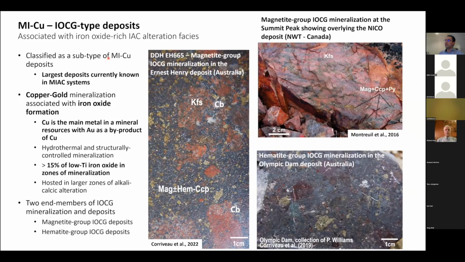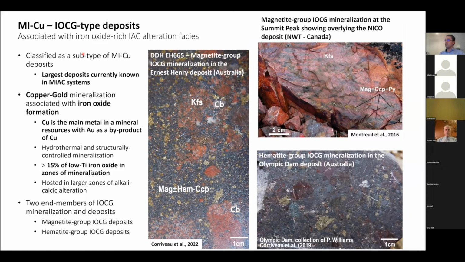Just to address the IOCG type deposits, IOCG is a very significant and important type of mineral deposit that is formed within these metasomatic systems, but it's important to frame IOCG deposits where they belong as well. It's a type of deposit that is possible in a very large metasomatic system.